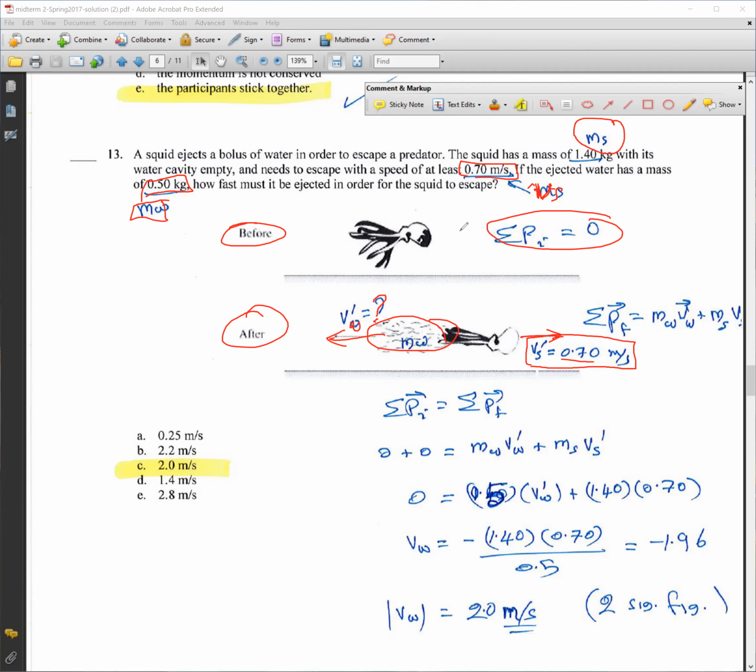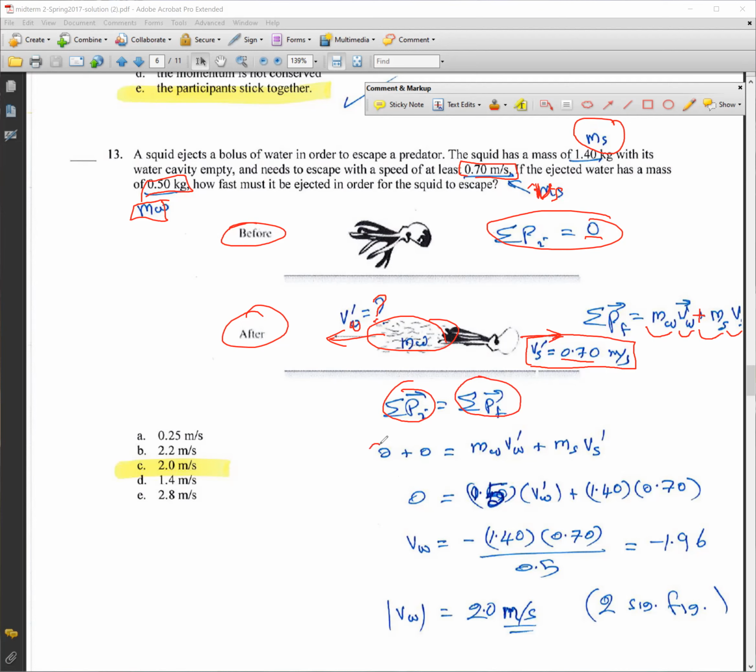Before the water is ejected, the total momentum is 0. After it is ejected, the total linear momentum would be mass water times velocity water plus mass squid times velocity squid. The total linear momentum before should be equal to the total linear momentum after.